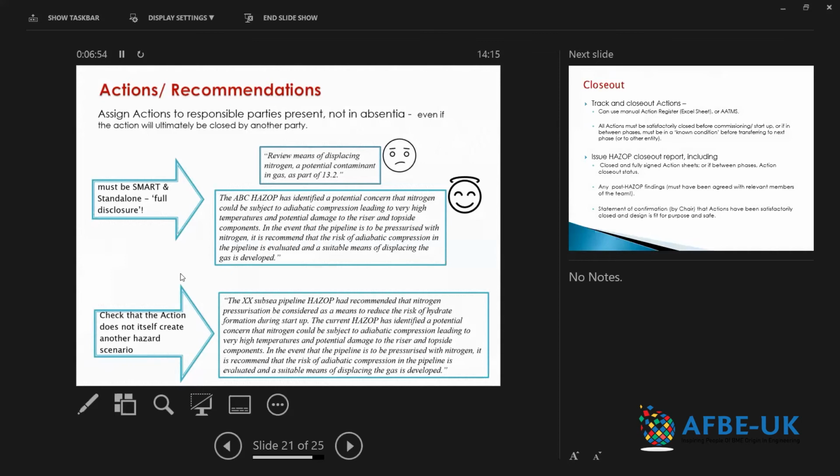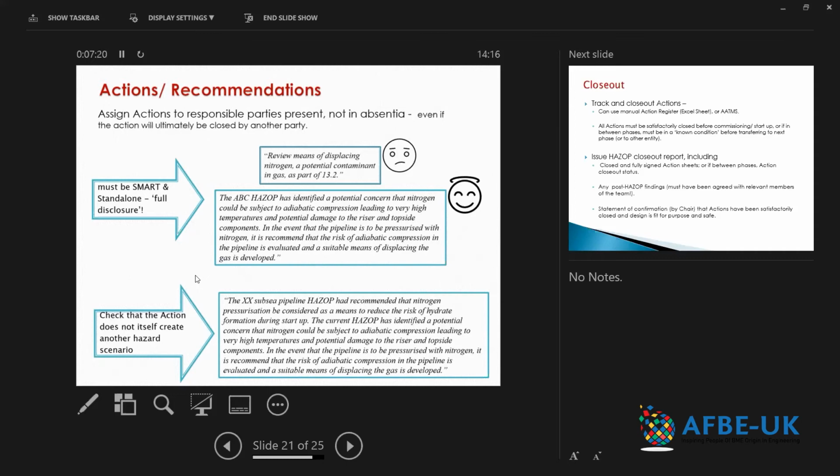It's not advisable at all to assign actions to people who have not attended that HAZOP, for the reasons that I mentioned in this example of how the action is framed. The person has to have been in the room to understand the full context, and listen to the discussions that culminated in that action being raised, so they would understand what's required.